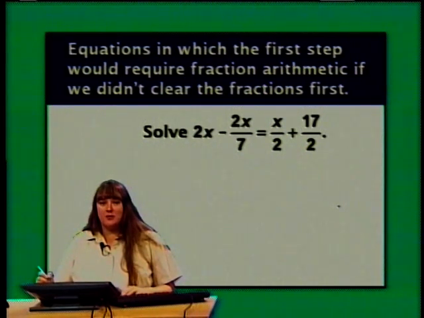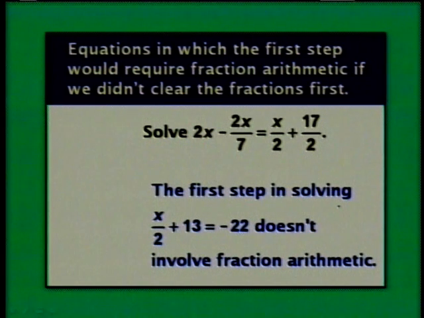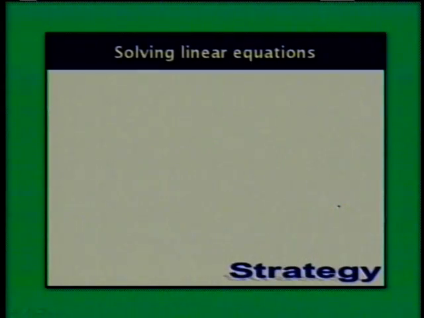I would have had to subtract 2x over 7 from 2x, more fraction arithmetic. Well, the problem that I just did in two different ways doesn't involve any fraction arithmetic if I don't clear the fractions first. When I solved this the second way, without clearing fractions first, all I had to do was subtract 13 from negative 22. Not difficult, not any more taxing than the other way around.